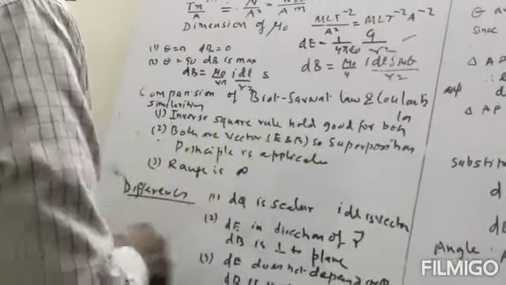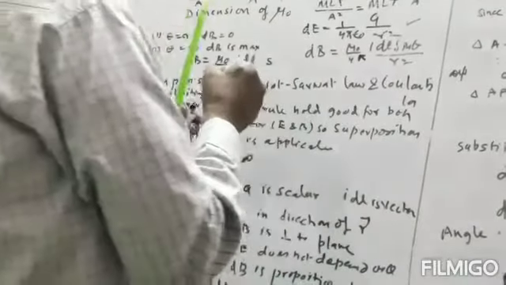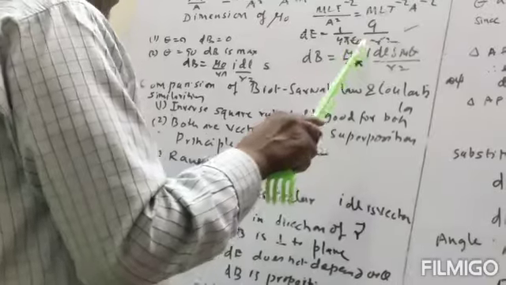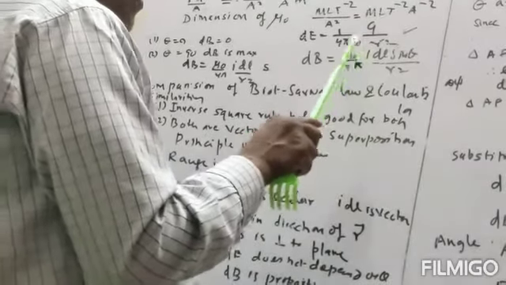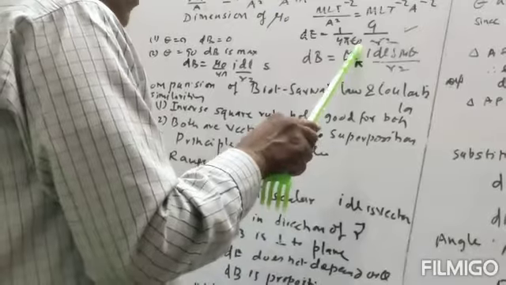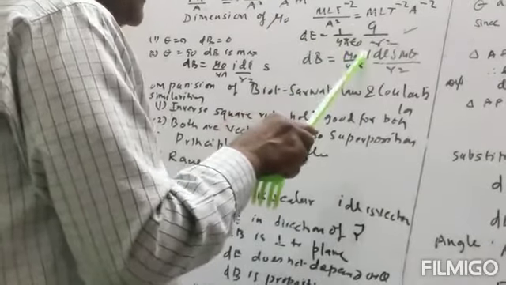Here also one more difference we can say. Here it is equal to mu 0 by 4 pi. So here, if mu 0 increases, if permeability increases, B increases. Here, if permittivity increases, then the electrical field decreases. So this is the difference.